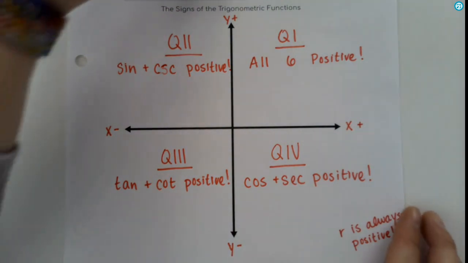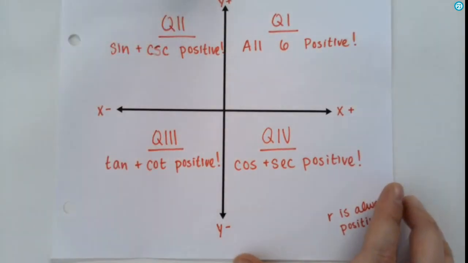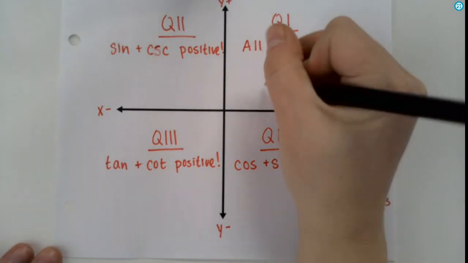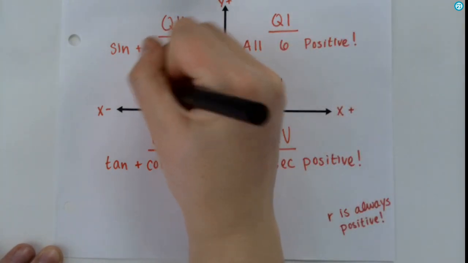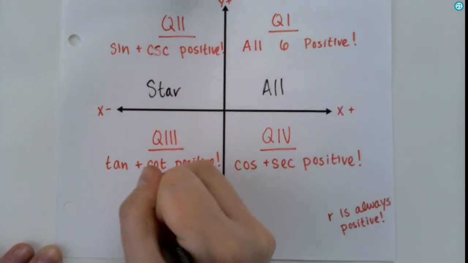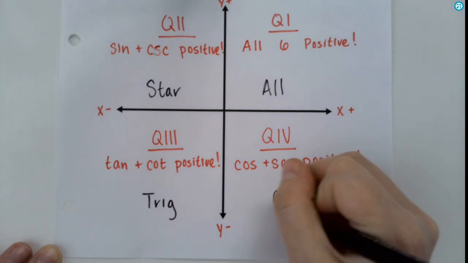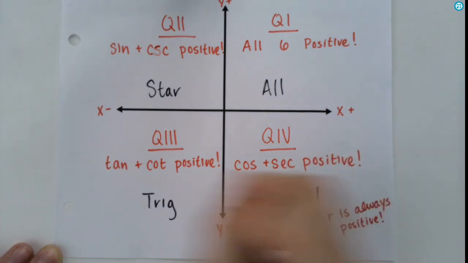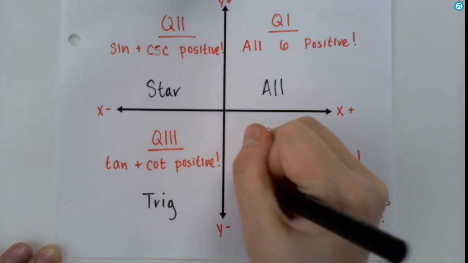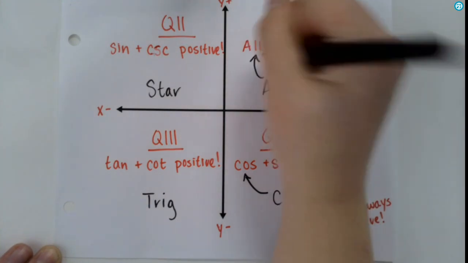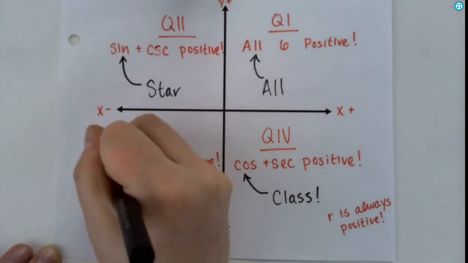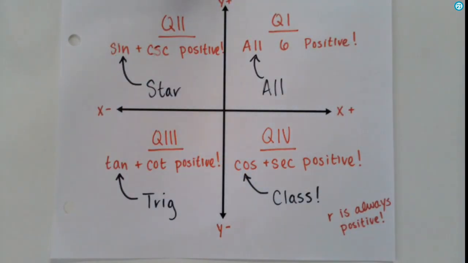Here is your acronym to remember it. All star trig class. Yay! Okay? All, sine is S, tangent is T. That's us.